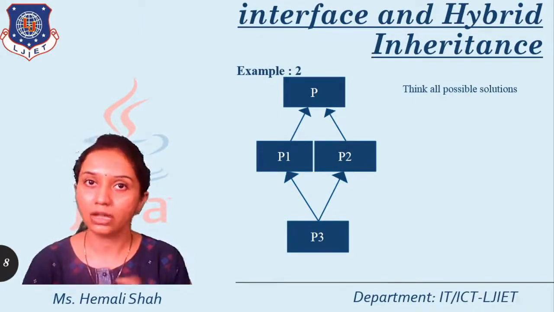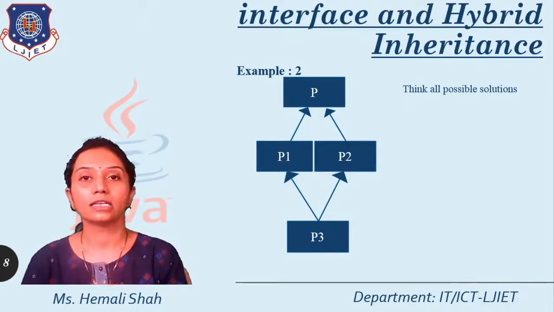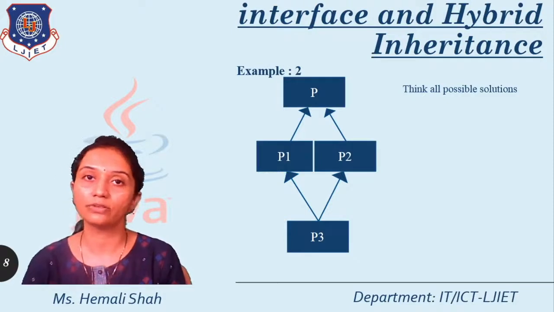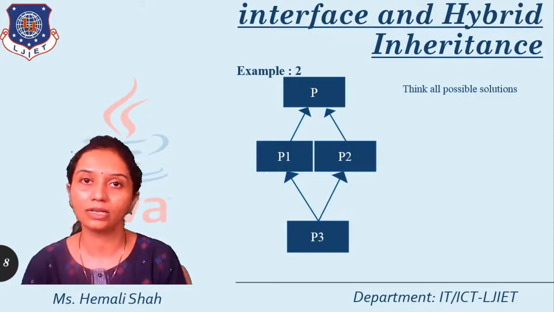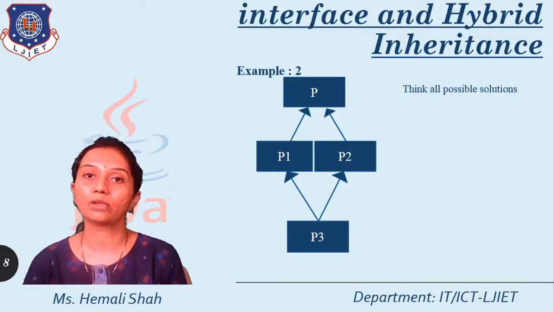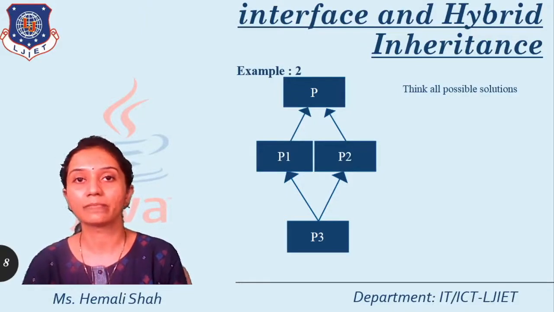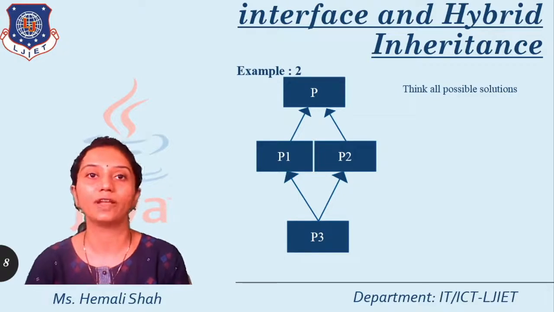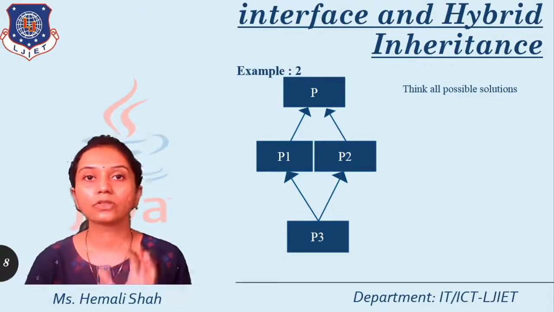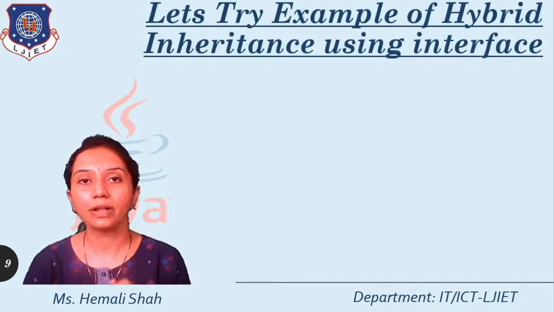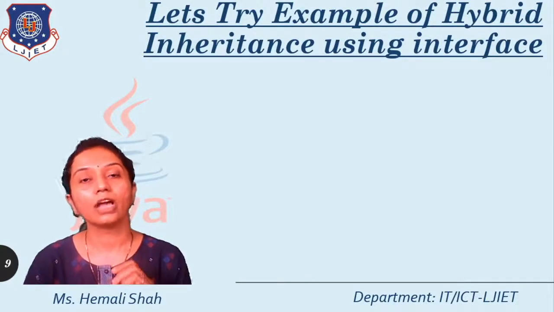So this is the third solution, and if anyone is a class, P1 or P2, then you have to create P3 as a class only in your code, right? If both are interfaces, then and only then is there a possibility of P3 as a class or interface. But if anyone is a class, there is no possibility of an interface for P3, right? So these are the possible solutions. Now here, this is the example that we have to try for the hybrid inheritance.